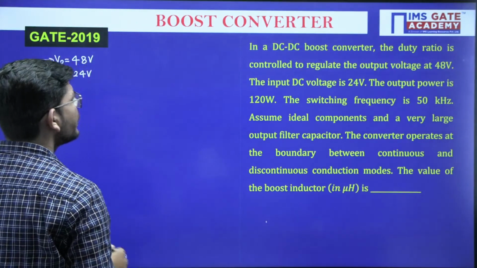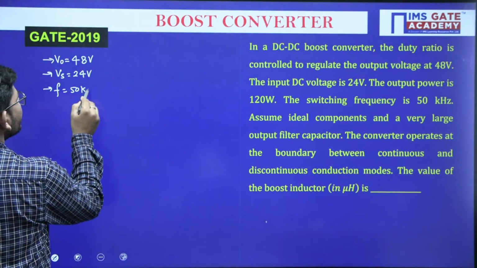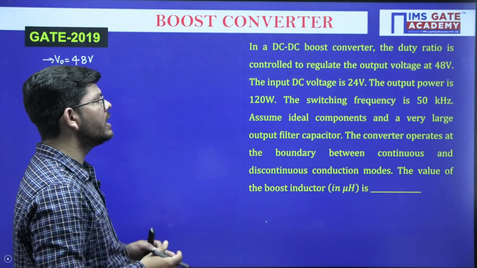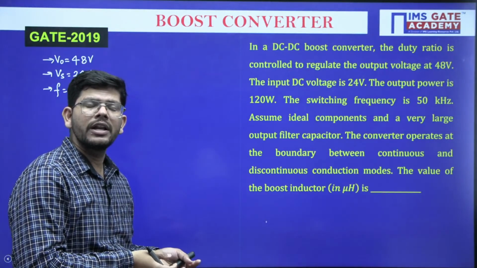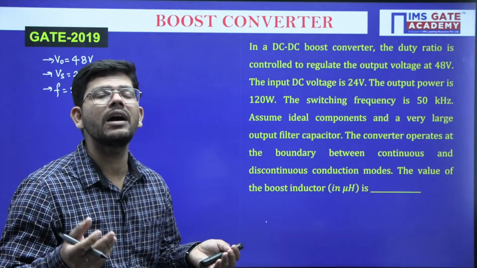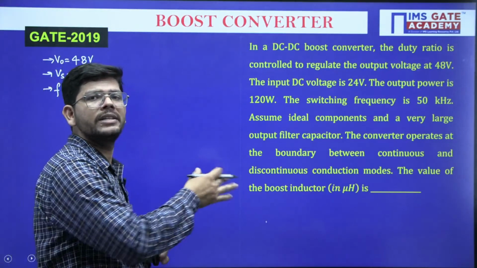The switching frequency F is 50 kilohertz. Assume ideal components and a very large filter capacitor so that there is ripple free operation. If ripple free operation is there, we are free to apply whatever analysis we have done.